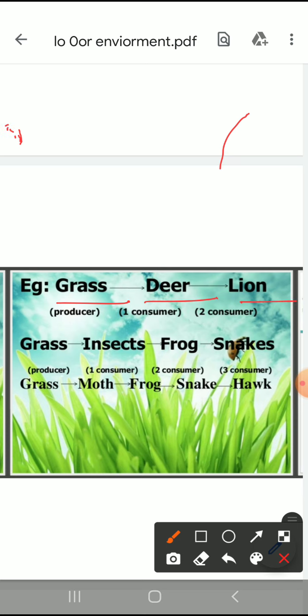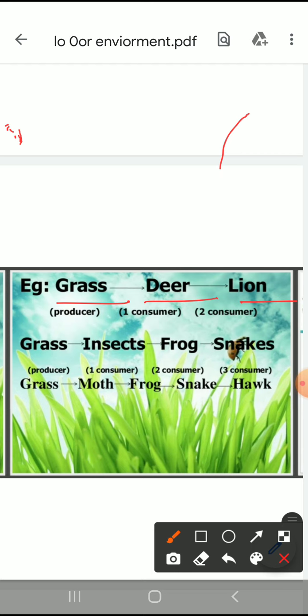In this food chain, the grass is the producer organism, which uses sunlight energy to prepare food like carbohydrate by the process of photosynthesis. This grass is then consumed by a herbivore, the deer. The deer is consumed by a carnivore, and the carnivore is a lion.